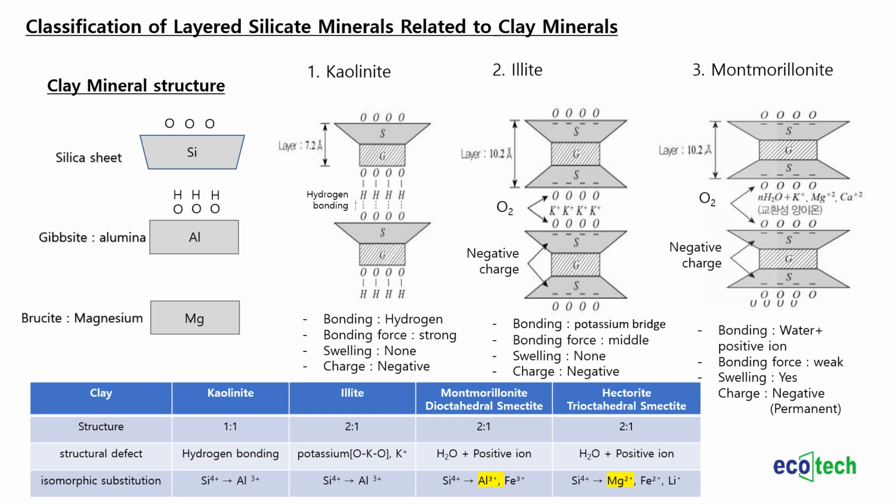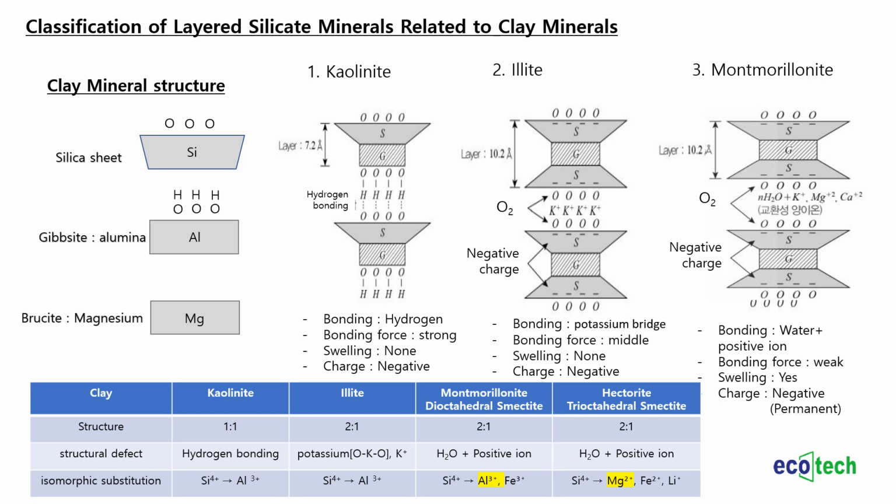This chart explains the structural and classification of common clay minerals: kaolinite, illite, and montmorillonite, like smectite. Kaolinite has a one-layer structure with strong hydrogen bonding between the layers, making it non-swelling and stable.